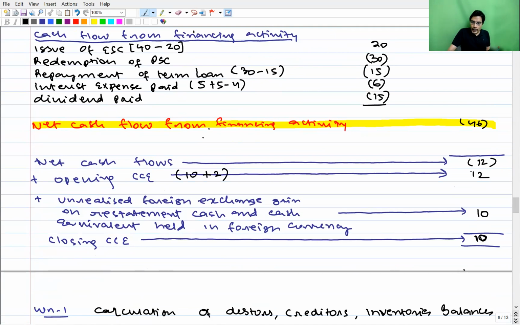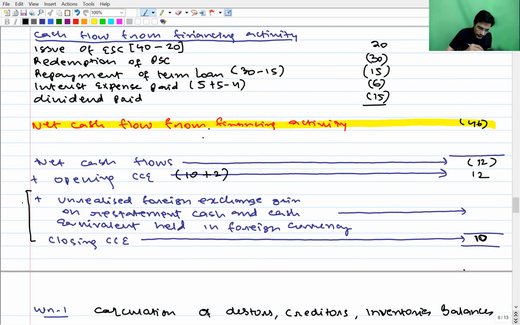See, this is what I was telling you. Negative 12, when you add opening CC, your closing CC is coming 0. So as per cash flow statement your CC is 0, but in the balance sheet CC is 10. So we have to add the foreign exchange gain to reach the balance sheet CC. This is called reconciliation, which AS 3 asks us to give either within the cash flow statement or as part of a separate reconciliation table.